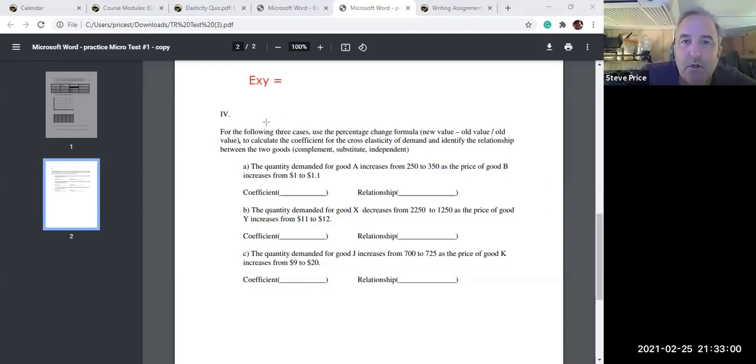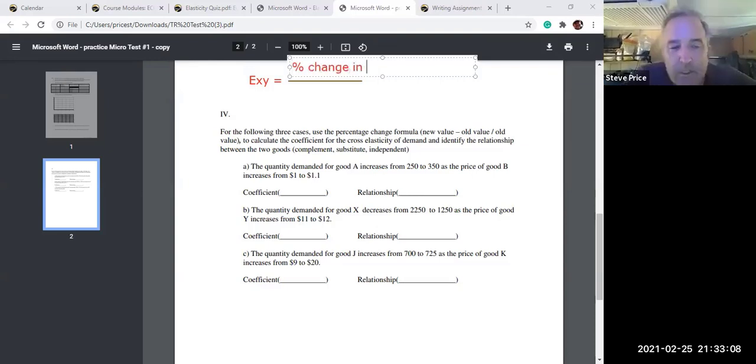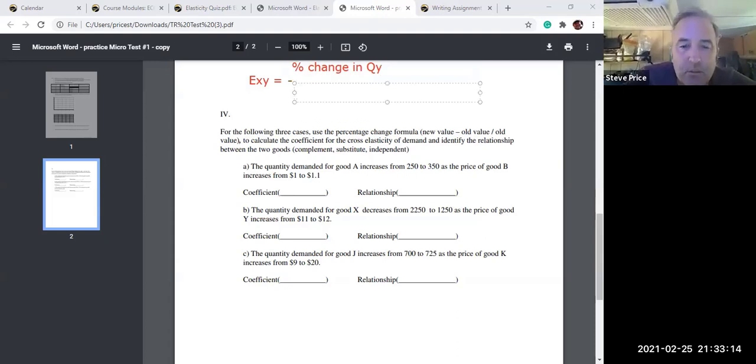In our numerator and denominator, we have the percentage change in the quantity of Y, let's say, divided by the percentage change in price of X. So 2 different goods.